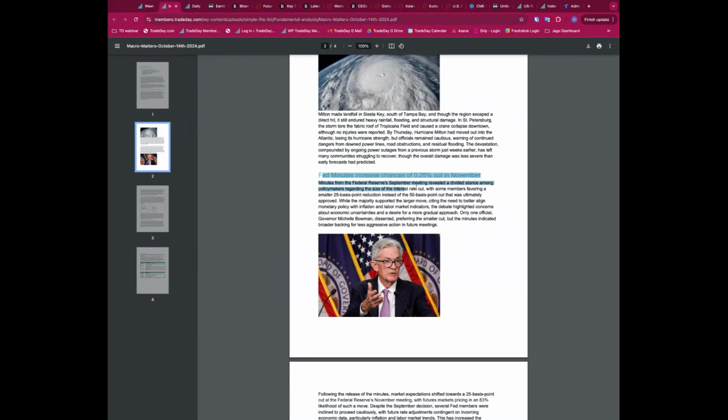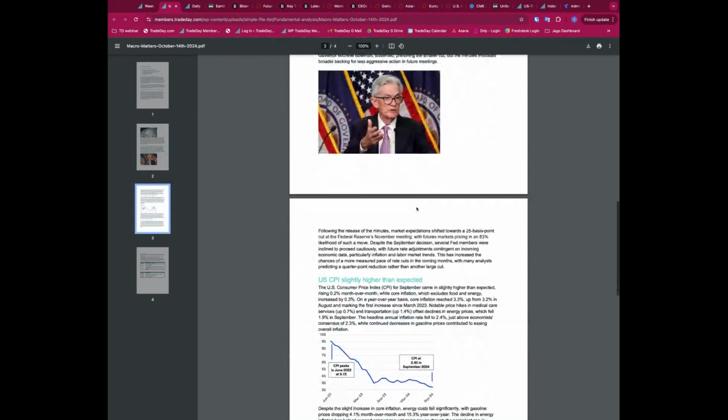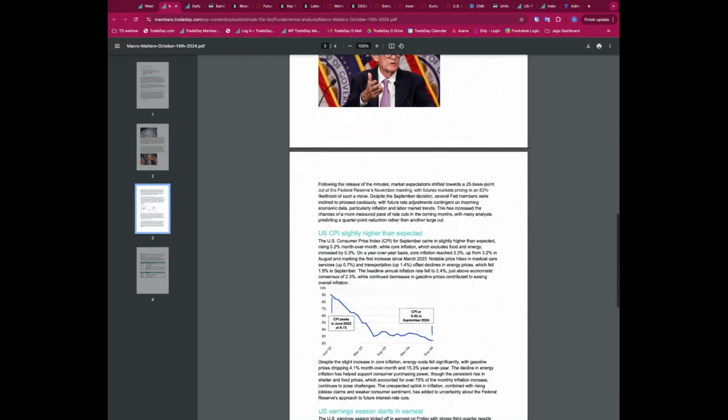Fed minutes last week: we'd already pivoted towards more of a chance for the rate cut in November being only 0.25%, so 25 basis points for the next meeting was the expectation. That certainly was reinforced by the minutes released last week. On the 50 basis point cut that was delivered in September, some members favoured the 25 basis point reduction, and while the majority did support the larger move, there is now an expectation for us to move to a 25 basis point rate cut going into the November meeting.